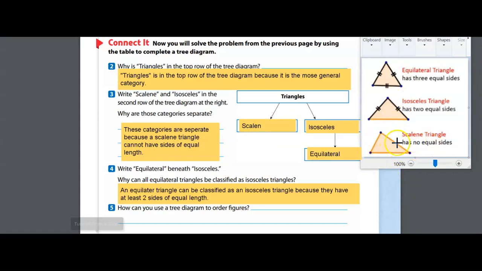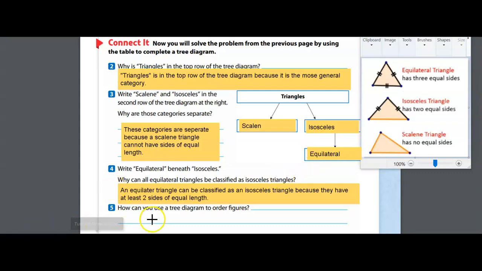A scalene triangle has no equal sides, but an isosceles triangle has 2 equal sides, so there are no similarities for me to put them in the same category. Now, if I were to look at an isosceles triangle and an equilateral triangle, they both have at least 2 equal sides. So that is why I would put equilateral as the most specific within my triangle category.